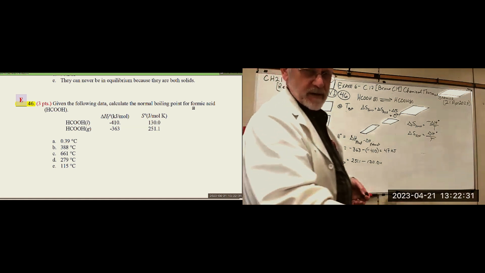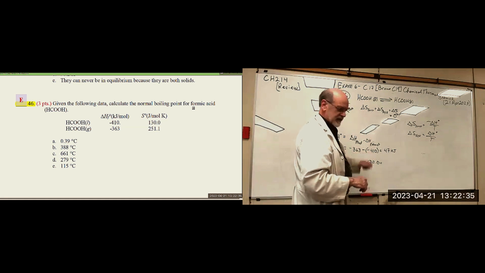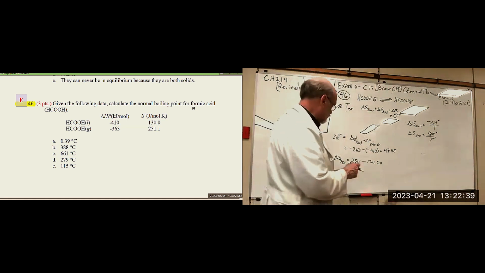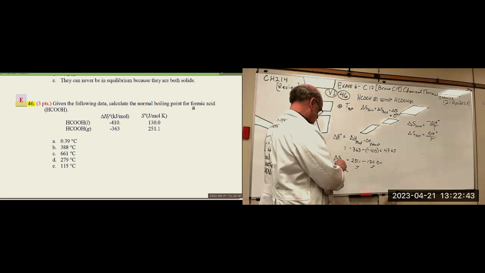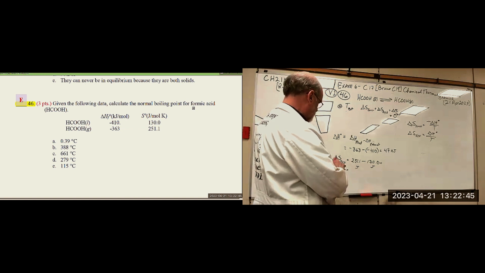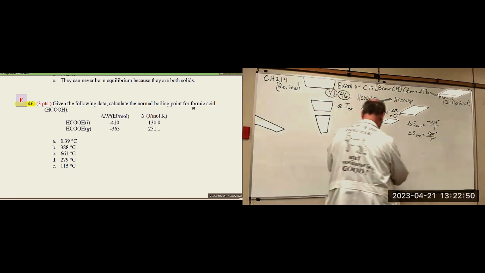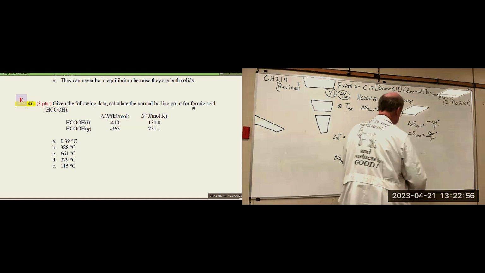Yeah, that makes sense. The gas has a higher entropy than the liquid. By the way, this is in joules. So that's 251.1 minus 130, which is 121.1 joules.